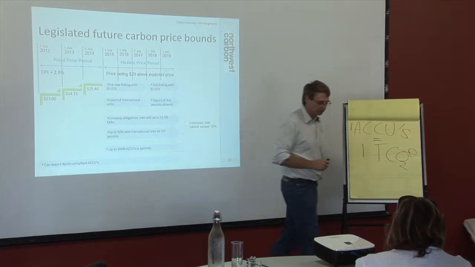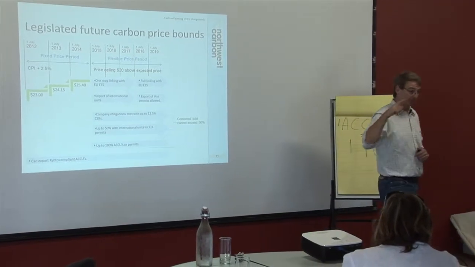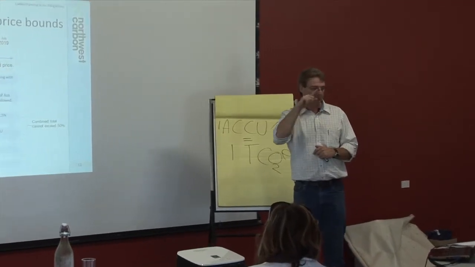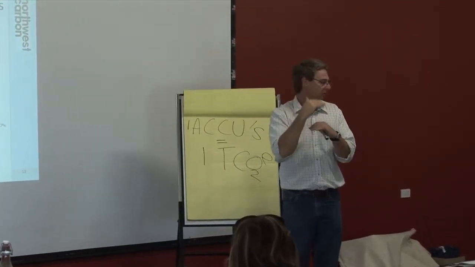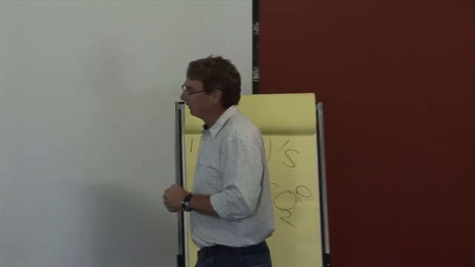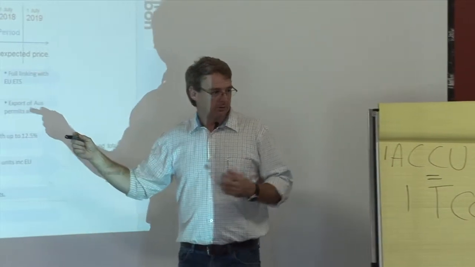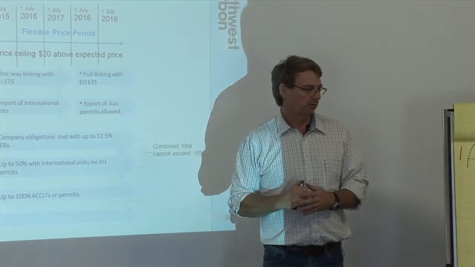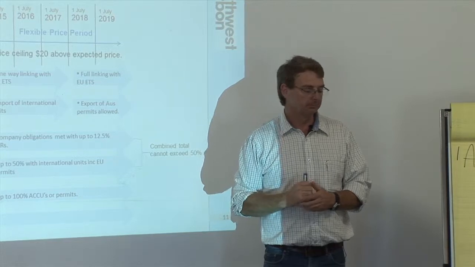So in the flexible price period, they'll still have permits available because there won't be enough credits. Companies will have to buy those permits, but the price is not known yet, and the price will be set a year out. These are all important because it means this is what's going to impact on the price that you might get for an Australian carbon credit unit if you decide to produce them.